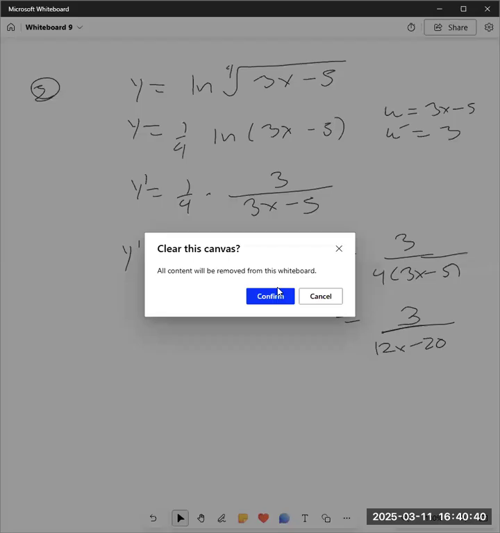All right. Let's look at number 7 now. Number 7 is a little different, and we can't use that log property that we've been using to simplify, because now our u is ln of x, and our u prime is 1 over x. We have a u to the n situation here.